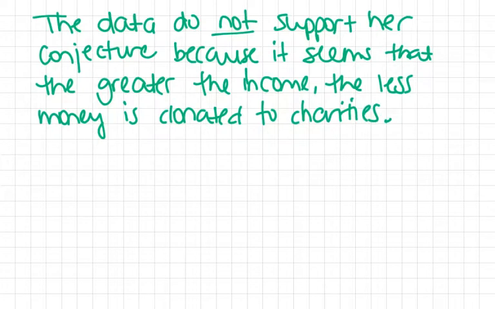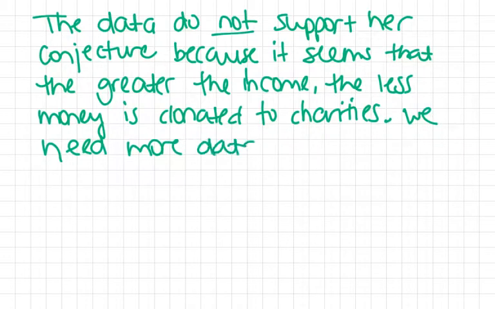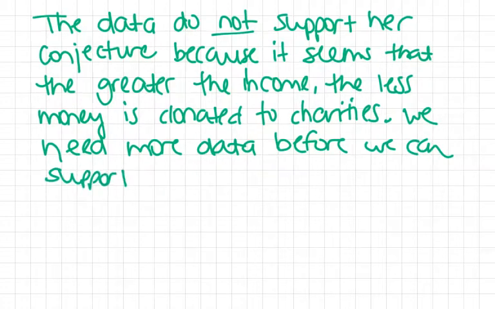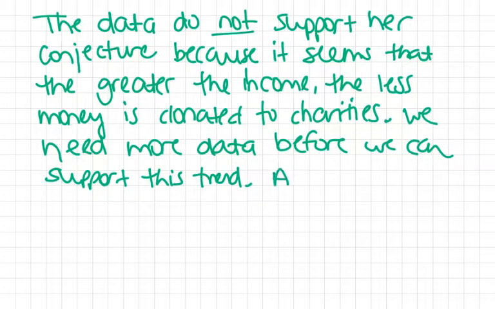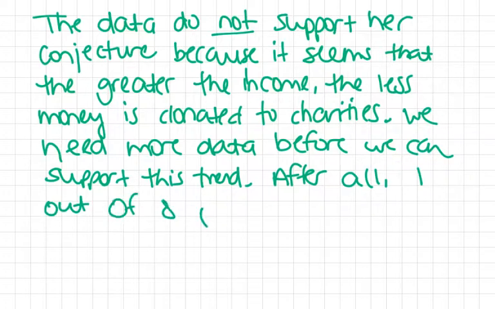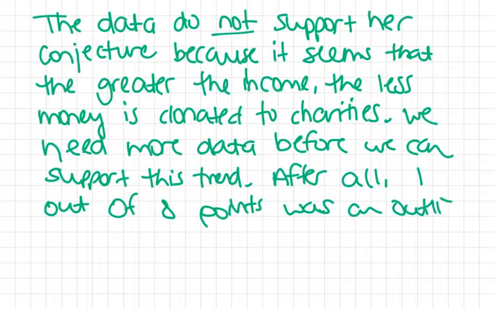We need more data before we can support this trend. After all, 1 out of 8 points was an outlier. So that's a pretty high ratio, right? So we would need a lot more data to see if this was actually true or not. But according to this data, her conjecture is not supported.